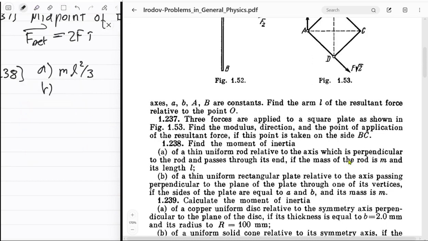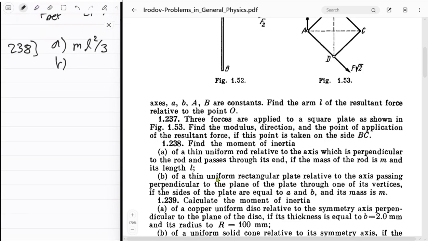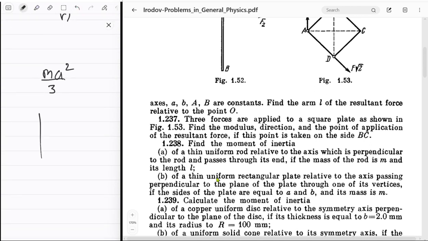I won't. Okay. Of a thin uniform rectangular plate related to the axis passing perpendicular to the plane of the plate through one of its vertices, if the sides of the plate are equal to whatever. So this is the perpendicular axis theorem, right? You just got m a squared upon 3 for this axis. You got this as the plate, you got these two axes.